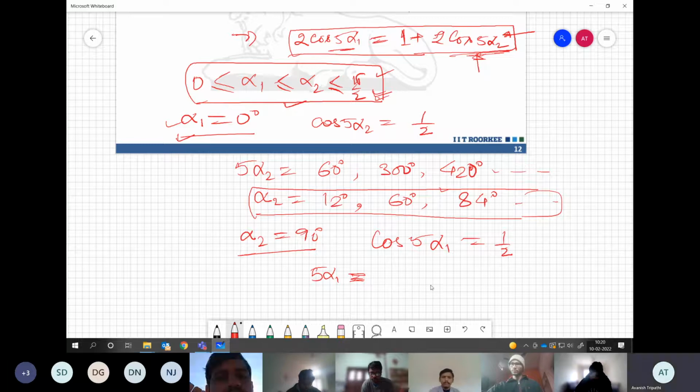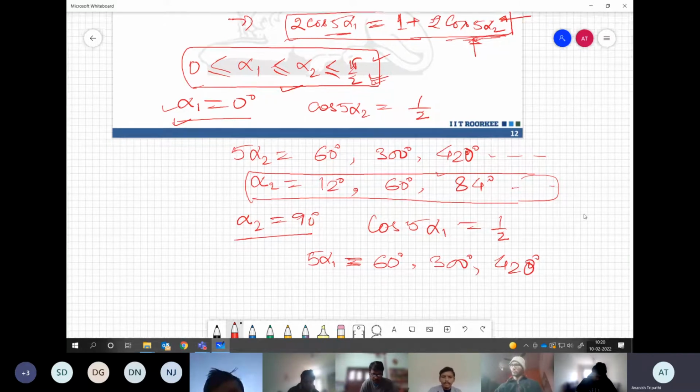What options could be there? Yes, speak up. You have your calculator? 60 degree, 84 degree. So first of all, this is 60 degree, then again 300, then again 420, and so on. These values are possible.